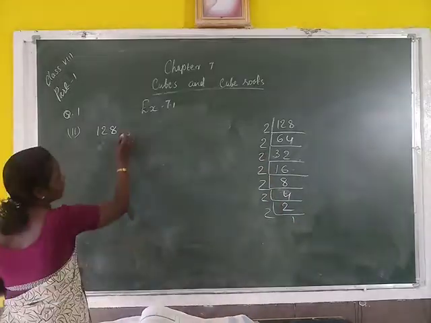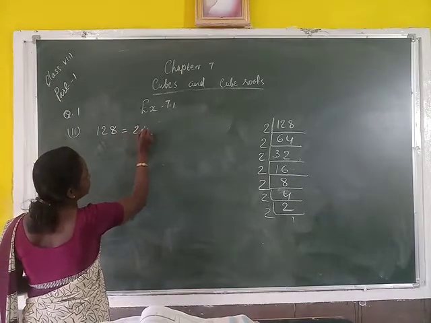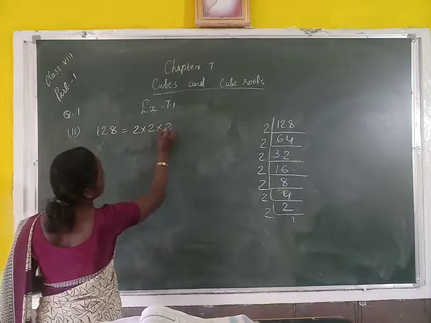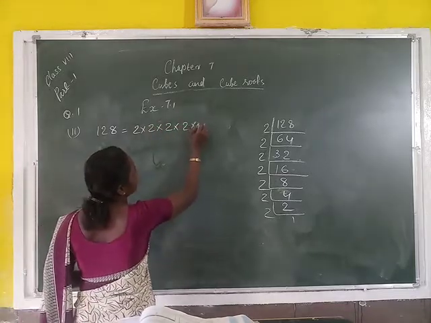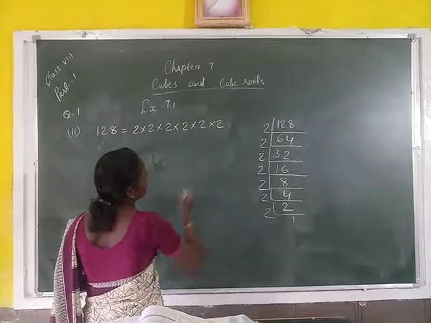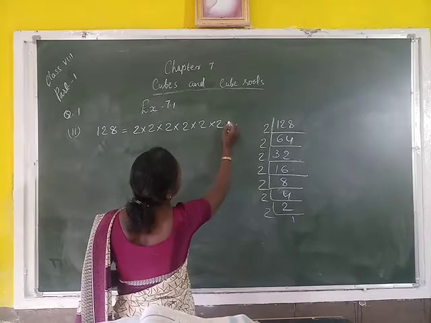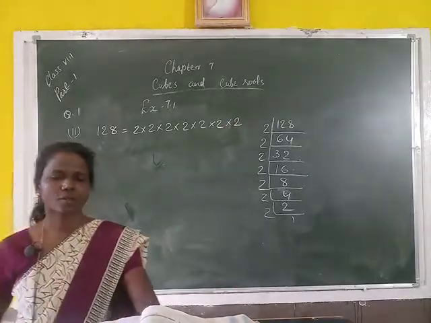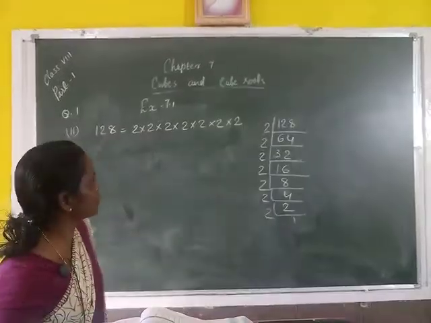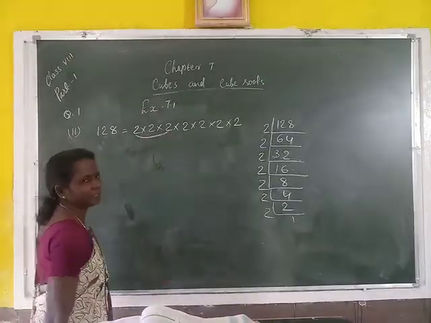Then we can write the factors of 128 as 2 into 2 into 2 into 2 into 2 into 2 into 2. Here, the next step, we make groups of 3 for each factor.